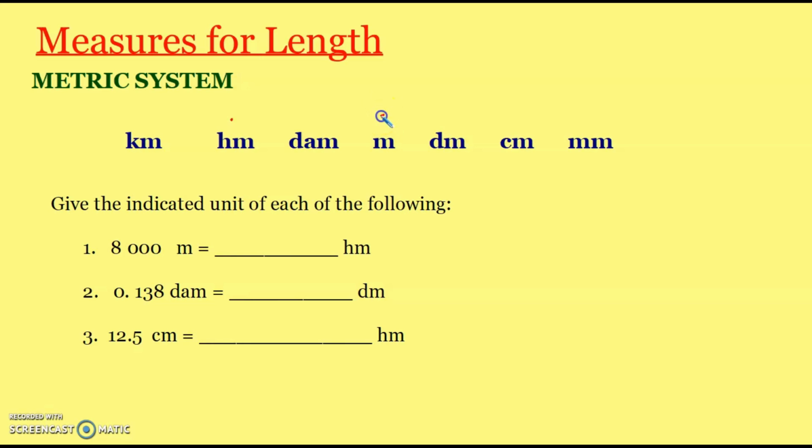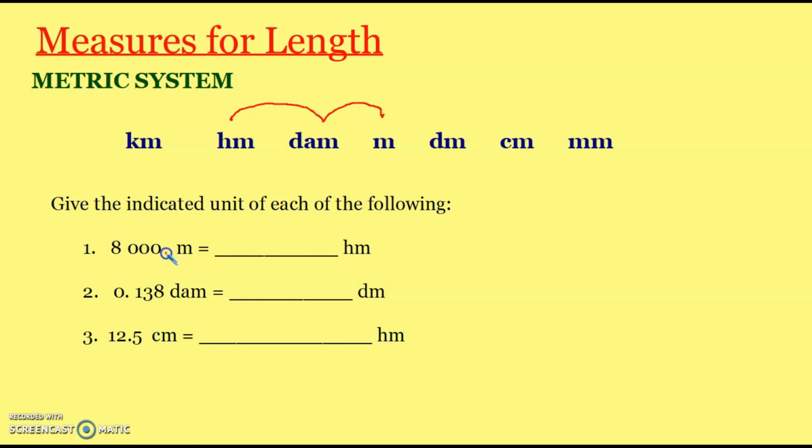Okay, so let's check it out. So we have 1, 2. For us to reach hectometer from meter is to do 2 jumps. So we are going to apply that in the given number value beside meter. We have 8,000. In 8,000, the decimal point is placed here.